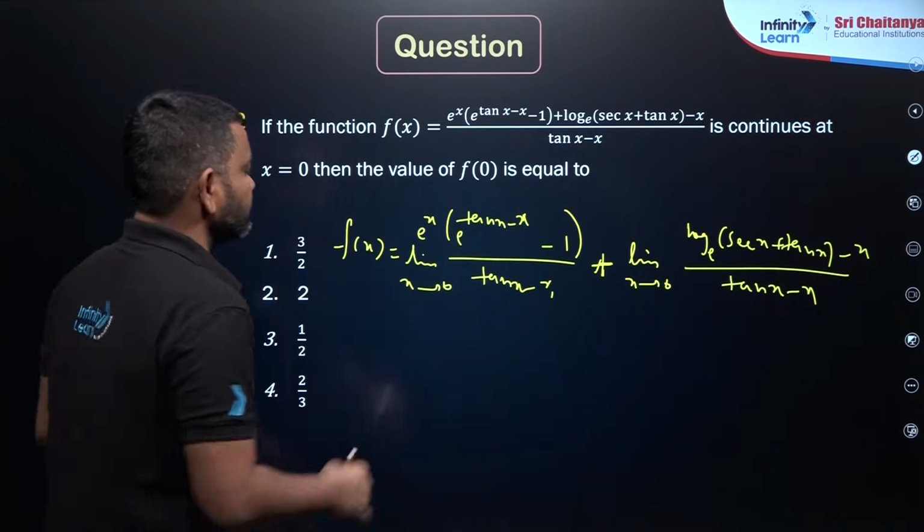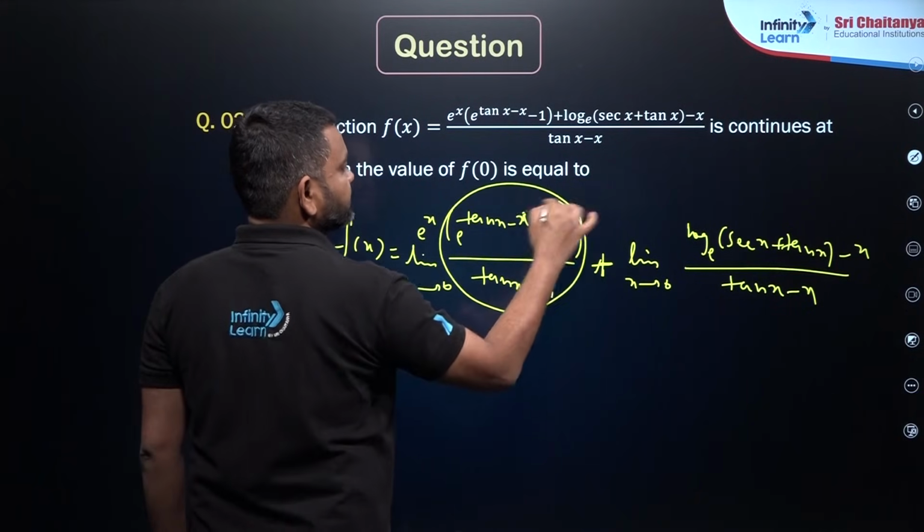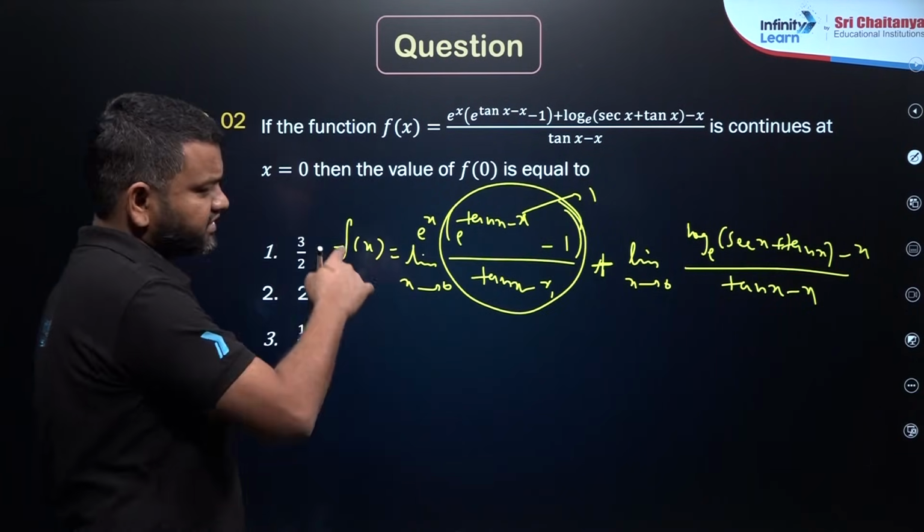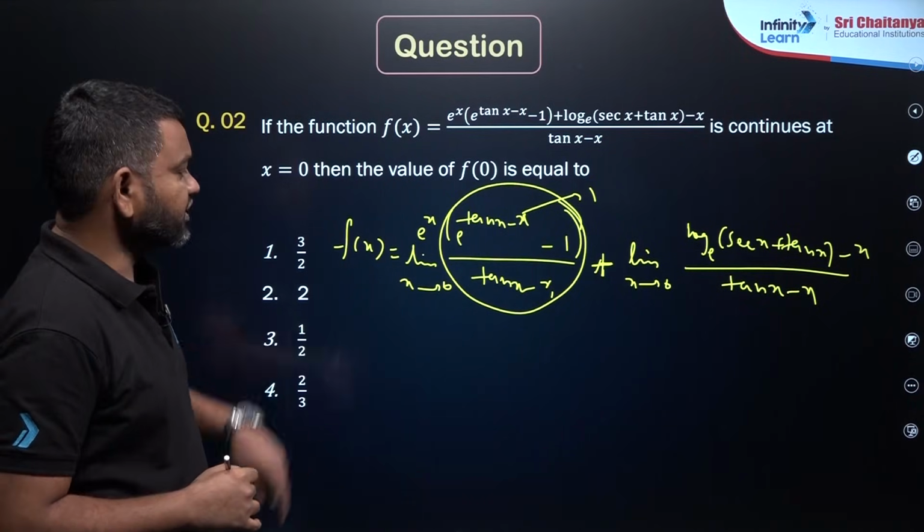When I check, this first value is particularly going to be equal to 1, because it is in the form of e power x minus 1 by x.